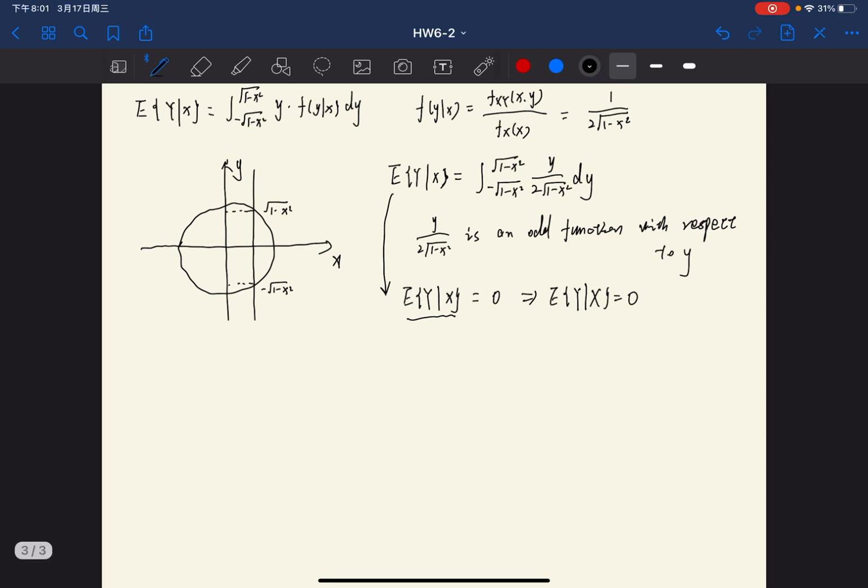And last we need to calculate the expectation of capital X times capital Y. Using the definition, the expectation equals the double integral of xy fxy dx dy.